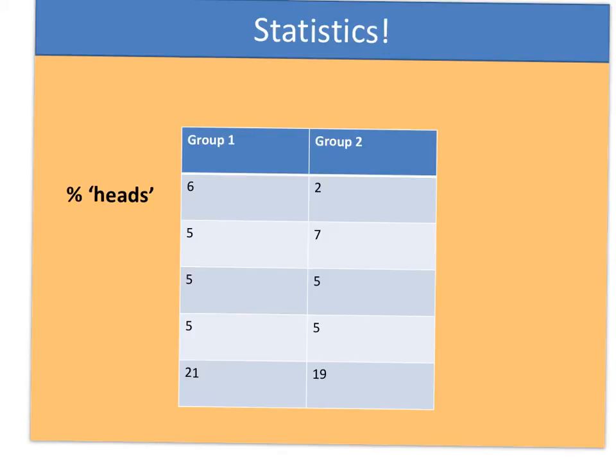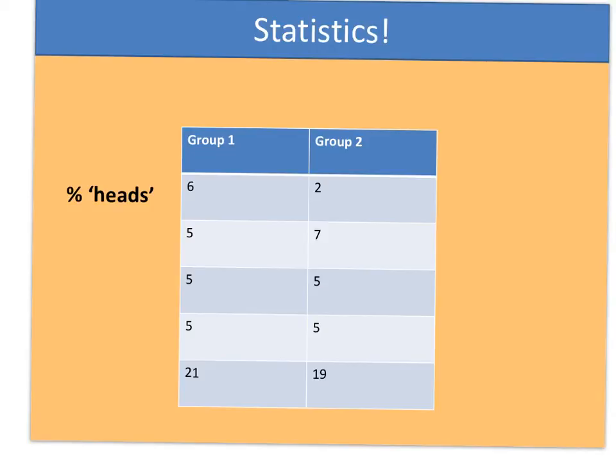And then if you add the statistics on it, you'd sum and then do a bunch of stuff, and you'd find out that 21 and 19 is not significantly different than what you would expect, which is 50-50. Okay? Now, we know that if you got 5 heads and 5 tails, you would end up with 20 on the bottom.